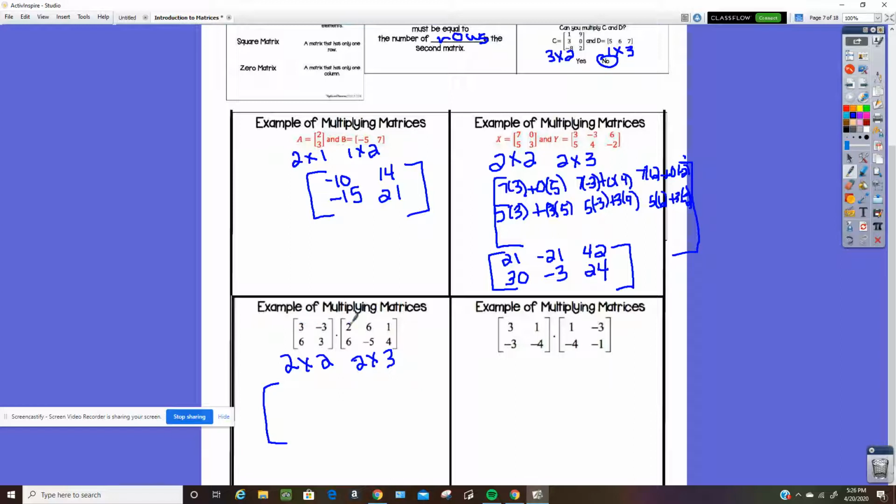So I'm going to do 3 times 2 is 6, and then plus -18. So maybe I'll just write out the products and what I'm summing together there. 6 plus -18. And then 18 plus 15. And then 3 plus -12.